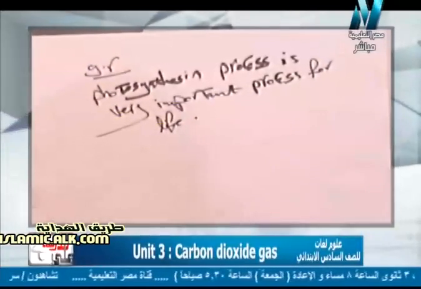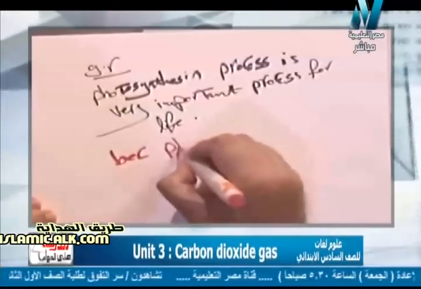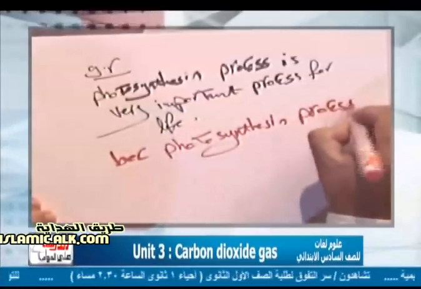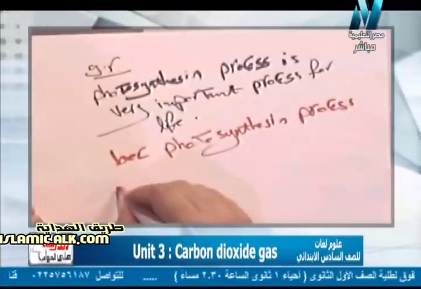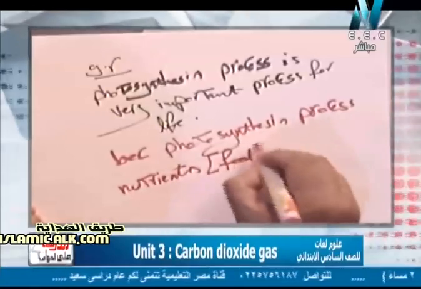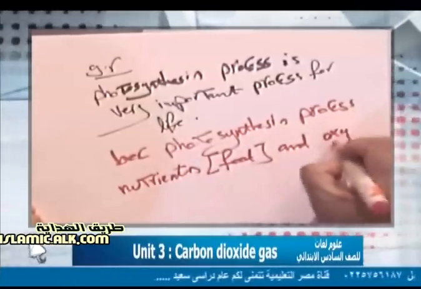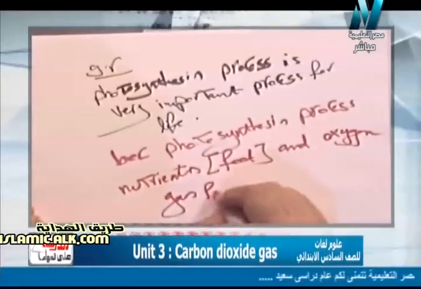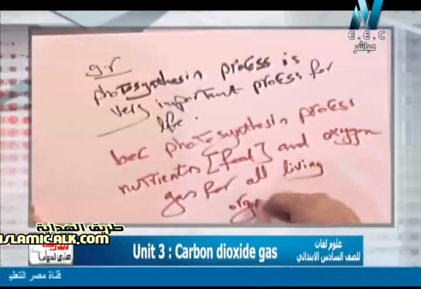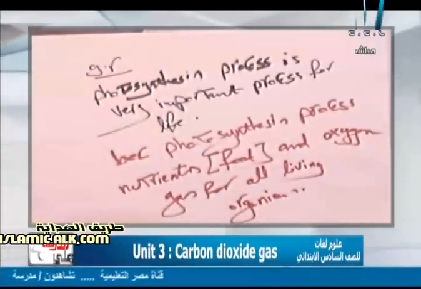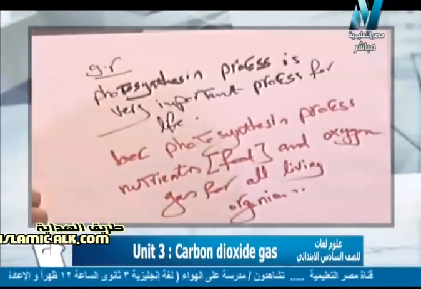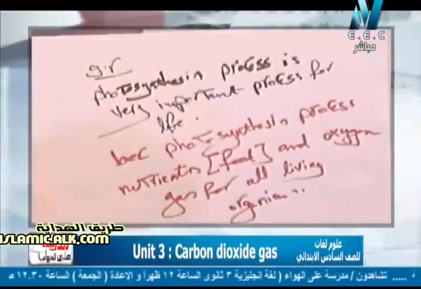We can say because the photosynthesis process produces two important things, which are nutrients, I can write food, or nutrients between brackets food, and oxygen gas for all living organisms.